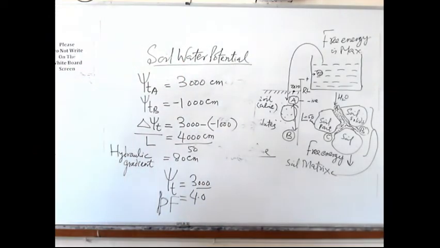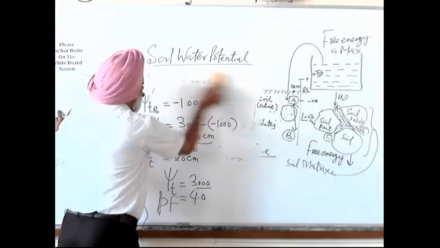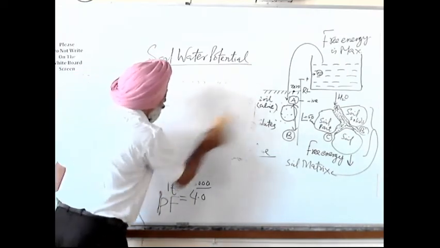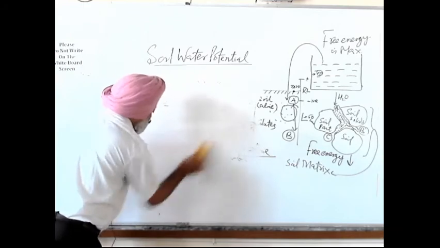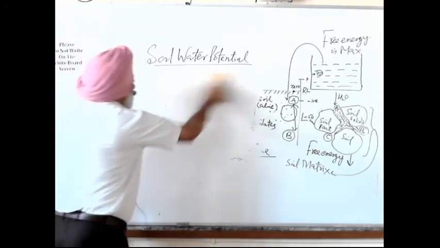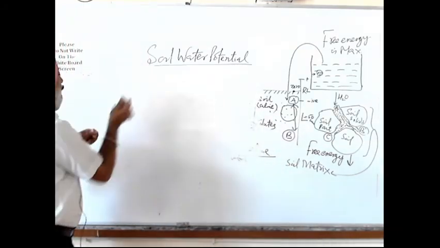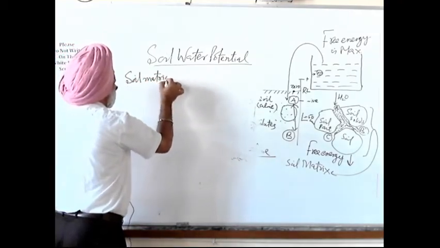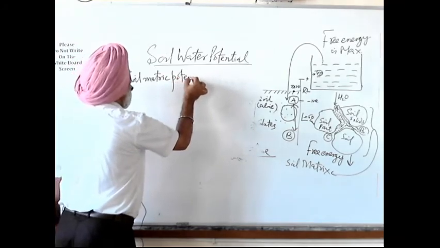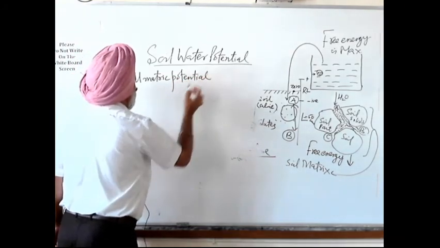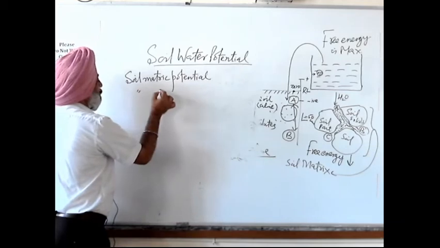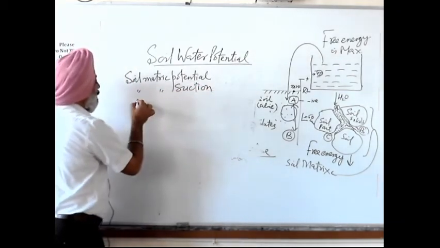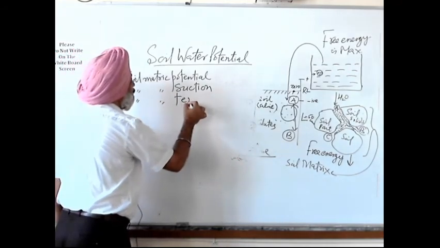Then another thing which I would like to explain is that many a times we write the value for soil matric potential. Coming back, first component, soil matric potential. Sometimes we write it as soil matric suction. Sometimes we write it as soil matric tension.